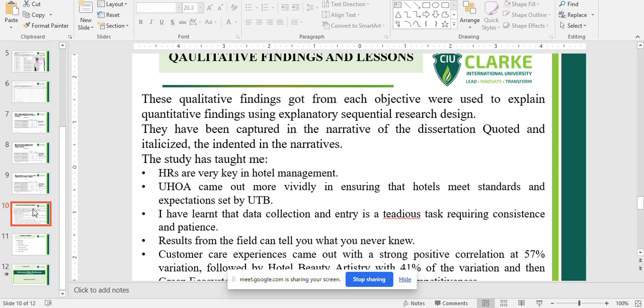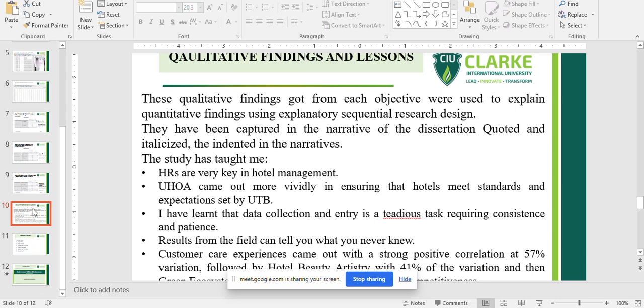Then they are also under the umbrella of the Uganda Hotel Owners Association, which they have got to subscribe to each year, and the staff there are trained so that they work within what is required. So it will also guide my recommendations.